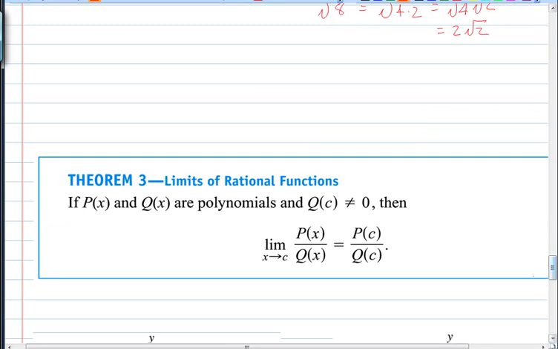All right, limits of rational functions. If p of x and q of x are polynomials and the denominator is not equal to 0 at this point that x is approaching, which is essentially what I just told you.